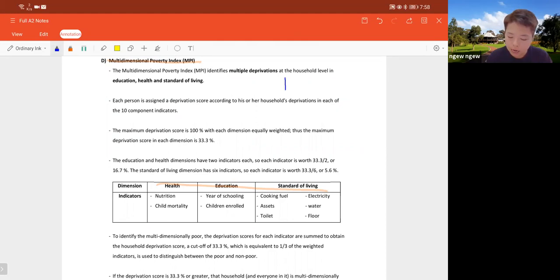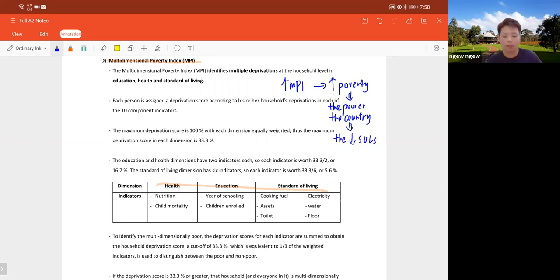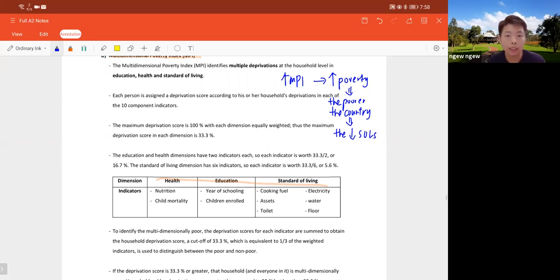So again, the higher the MPI signifies the higher the poverty, which means the poorer the country, and which means the lower the standard of living. And under this multi-dimensional poverty index, there are three indicators.